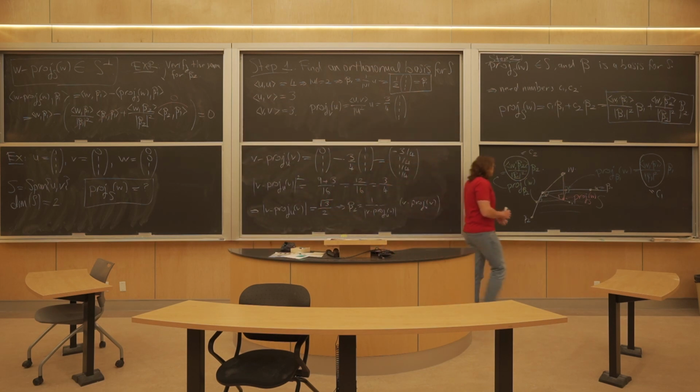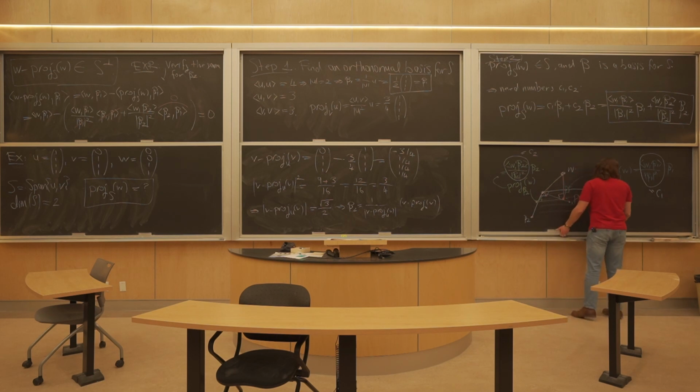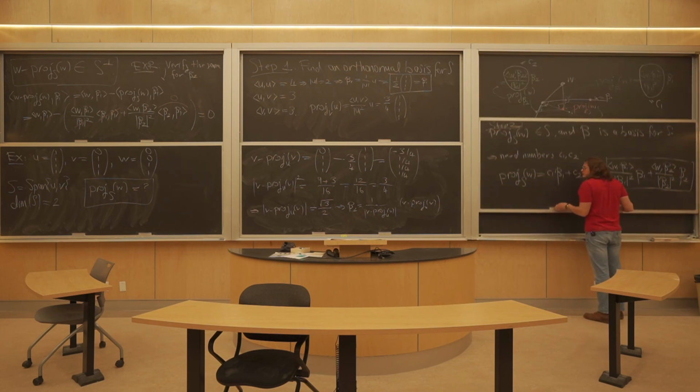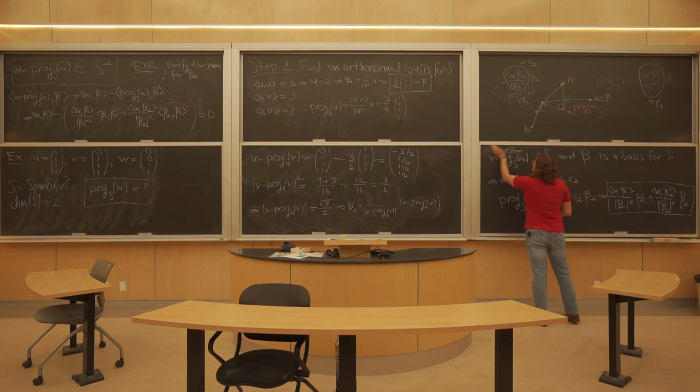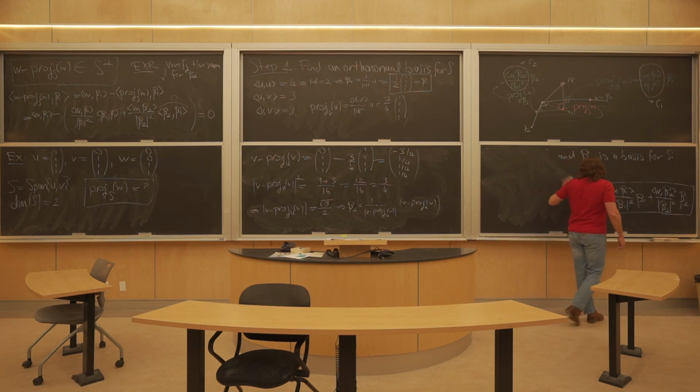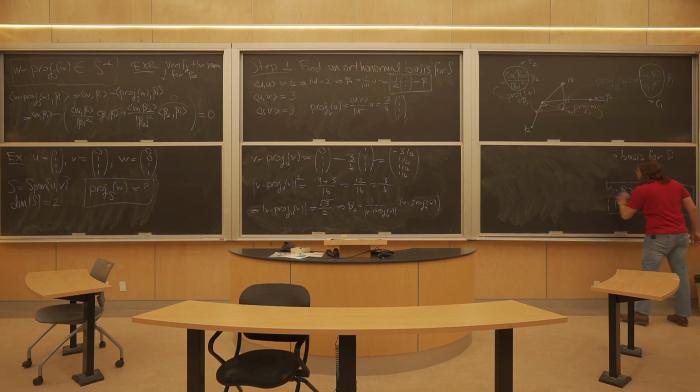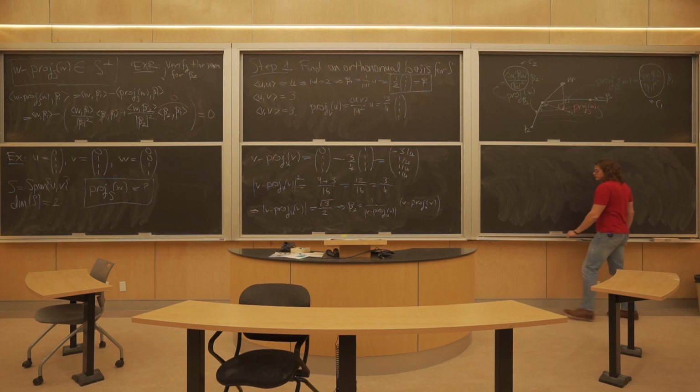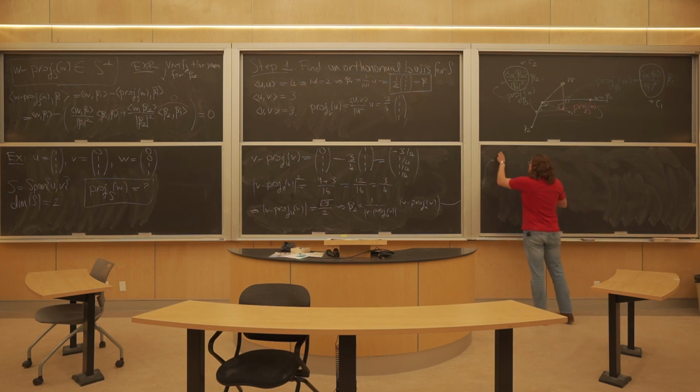So beta 2 is going to be 2 divided by root 3 times this vector.